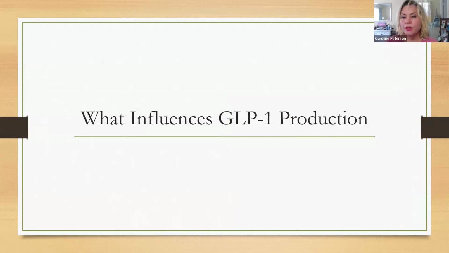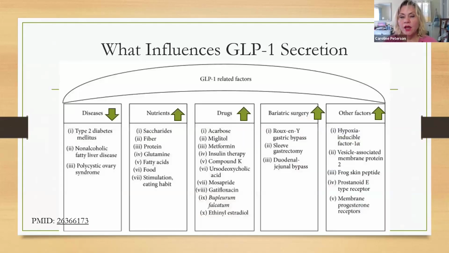What influences GLP-1 production? So we talked about food before, but also diseases can influence production, so that we see with diabetes, with obesity, fatty liver disease, polycystic ovarian syndrome, there's a decrease in production of GLP-1.